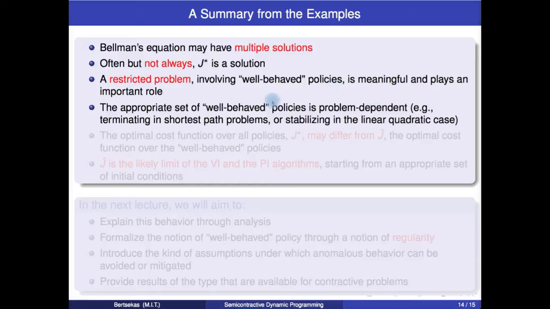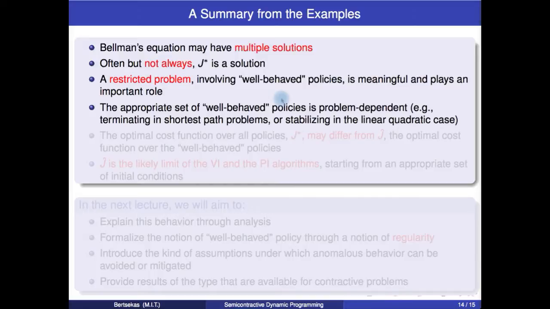However, with some experience, one can guess an appropriate set of well-behaved policies. For example, terminating policies in shortest path problems have a contraction property, which makes them suitable. In the linear quadratic case, the linear stabilizing policies are also appropriate.